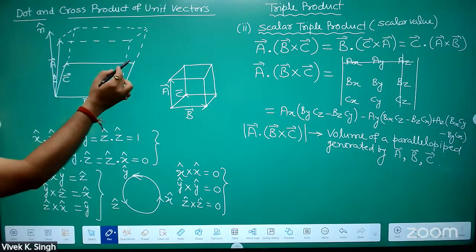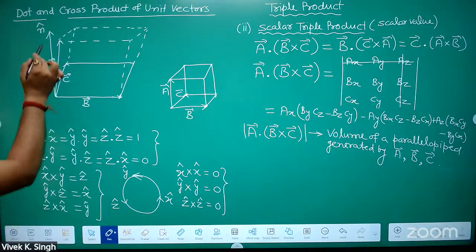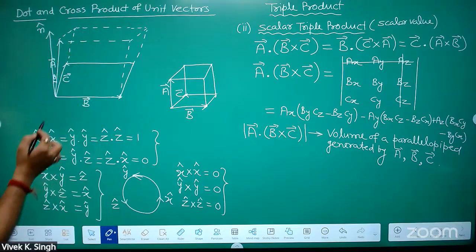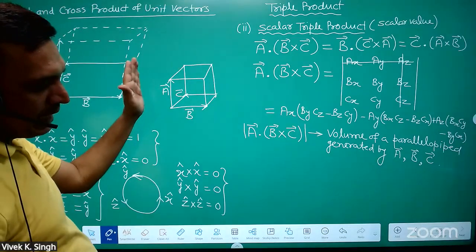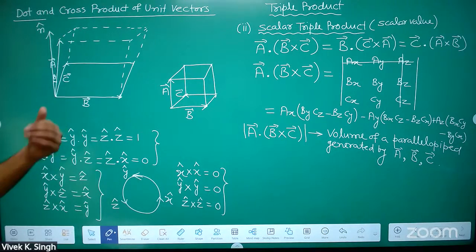So mod B cross C is the area of the base, and if you multiply with mod A cos theta, that will give you the volume of this parallelopiped. Yes or no? This cube, if it is slightly tilted, is the parallelopiped. Is it clear? Yes. Okay.